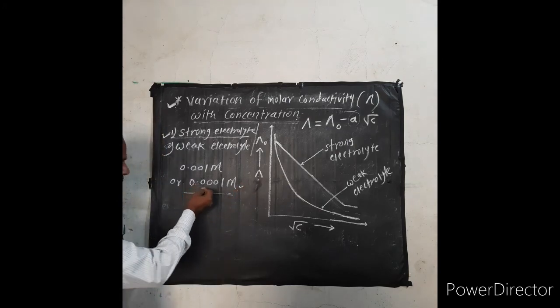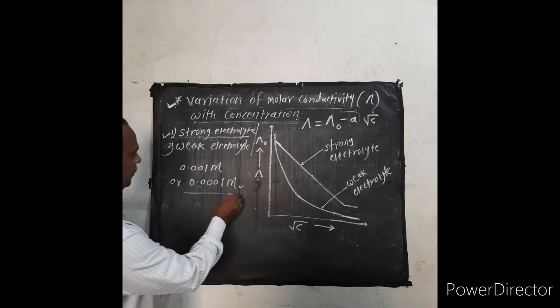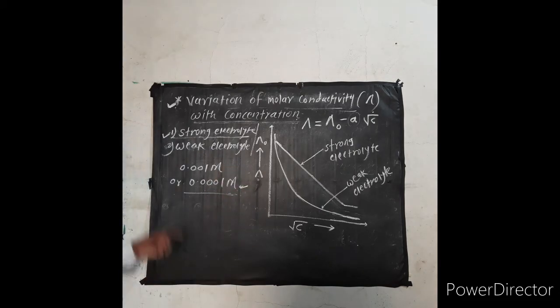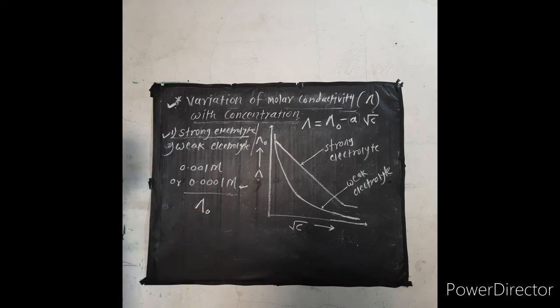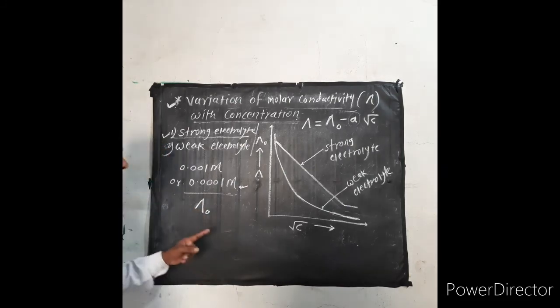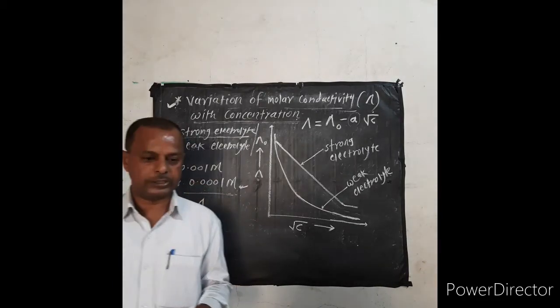Such a low concentration is the infinite dilution, or zero concentration. At zero concentration or at infinite dilution, the molar conductivity is denoted by the symbol lambda naught. This is called the molar conductivity at infinite dilution or at zero concentration.